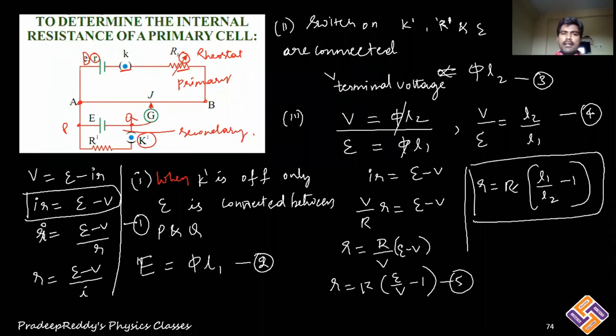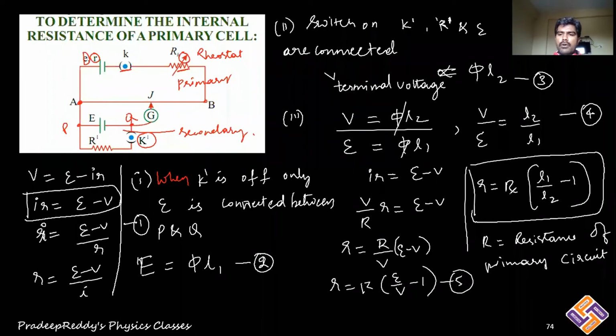Right? What is capital R? R is the external resistor which you are connecting over there. R is equal to resistance of the primary circuit. L1, L2 are balancing lengths.